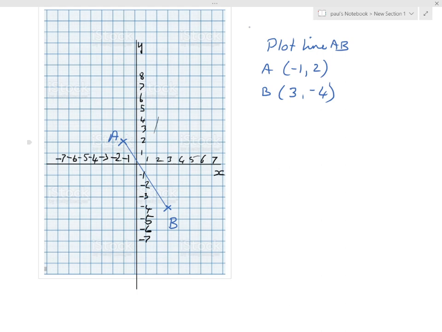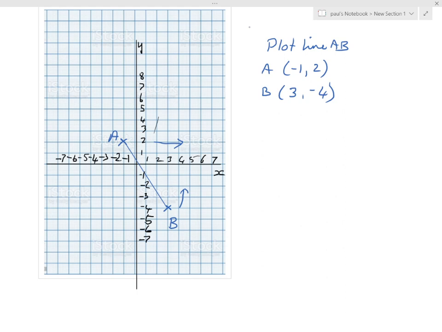Now we can't count squares doing this, so there must be another way to do this. Now, halfway in a horizontal line there will be where the midpoint of the X is, and halfway in a vertical line between B and A is where the midpoint of the Y is.